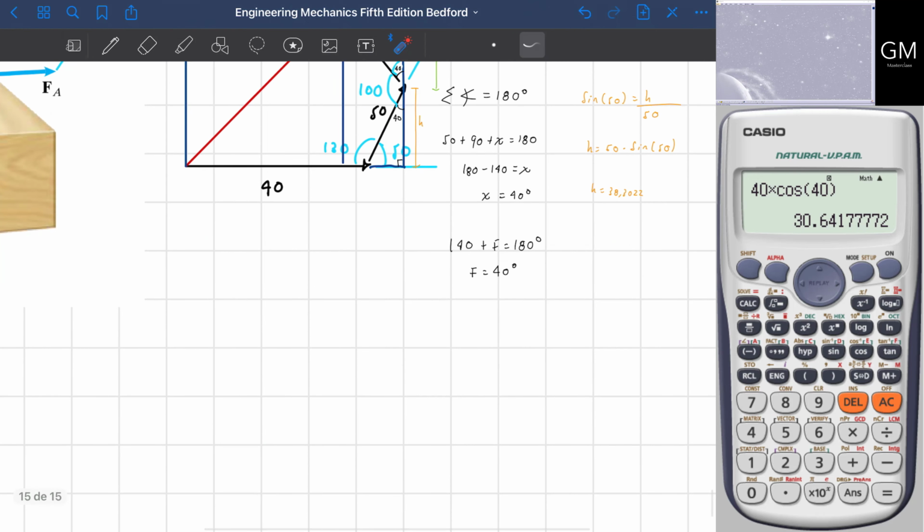Let me draw it better for you, or if this is correct.